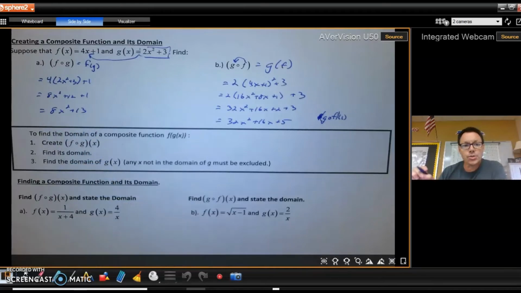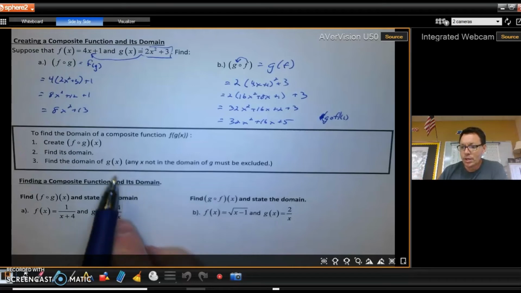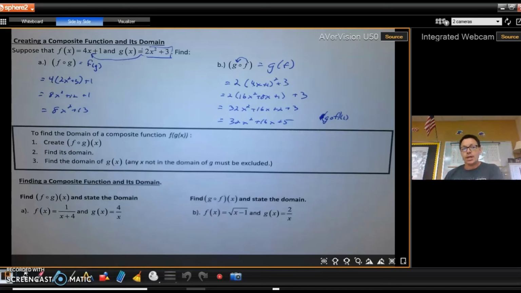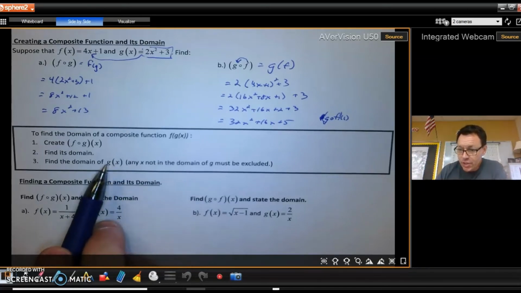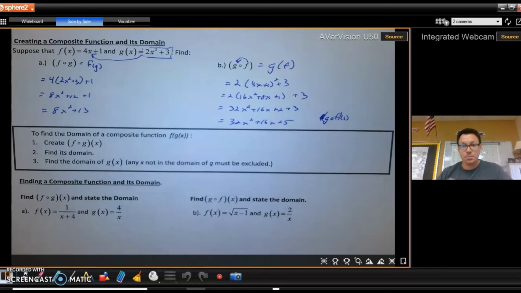But we're also going to go back and we're going to look at the domain of the original function g before it got placed into function f. Because if there's anything that would make this function g explode on us before we ever get started, we have to restrict that as well.